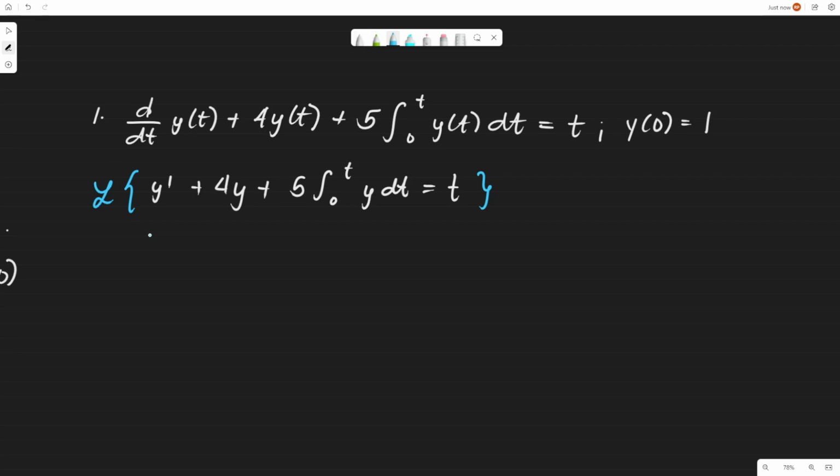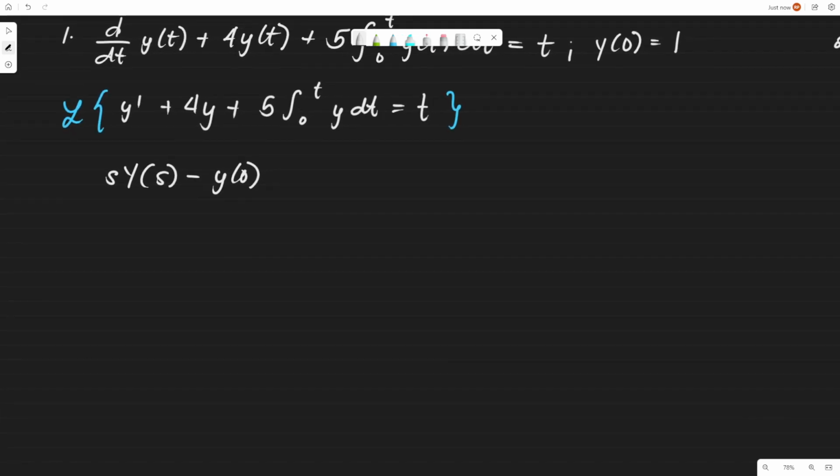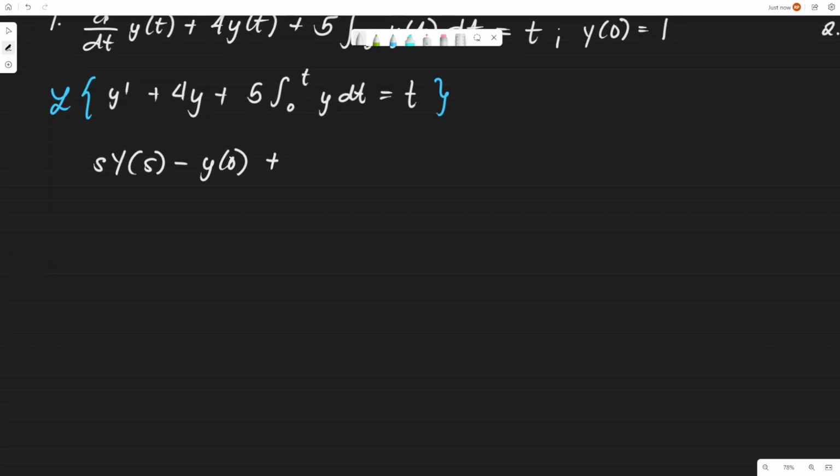Okay, so the Laplace transform of y prime, that is sY(s) minus y of 0. Okay, minus y of 0. Then we have plus 4y of s plus 5. Okay, so we have the integral from 0 to t of a function y dt.